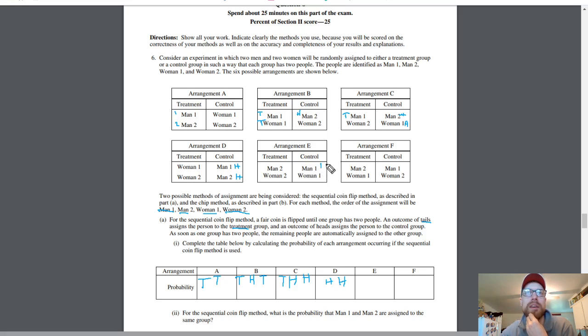Here we flipped heads first, then we flipped tails, then we flipped heads. So that's H, T, H. And in the last one we flipped H, T, T.